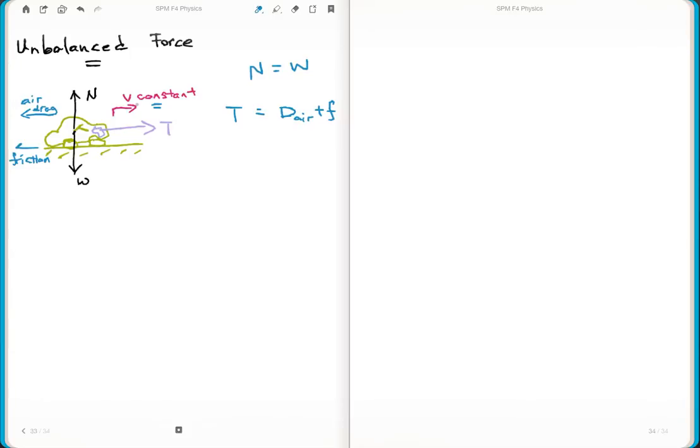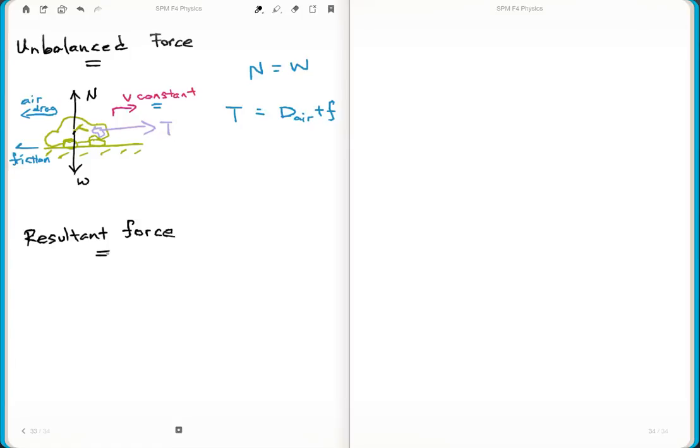Let's not go into that yet, because you have learned balanced force and unbalanced force. The next thing would be the resultant force. Resultant force is a phenomenon, not a condition. How do you define that?